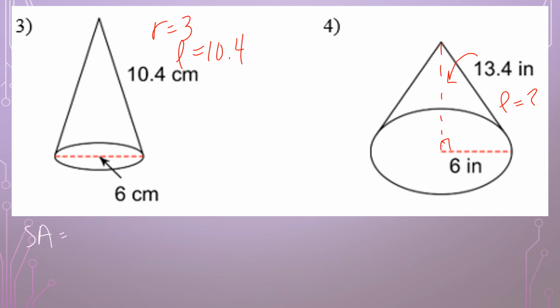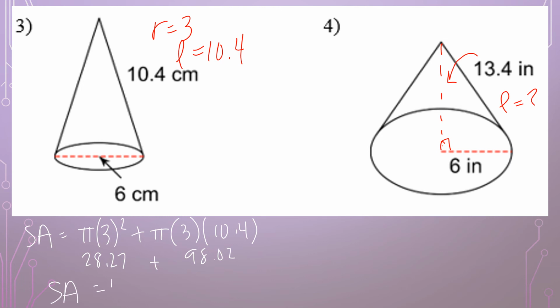Surface area equals pi times r squared plus pi times r times L. The first part is 28.27, and then the second part is 98.02. So add those two together and you get 126.29. It's kind of messy, sorry. 126.29 centimeters squared.